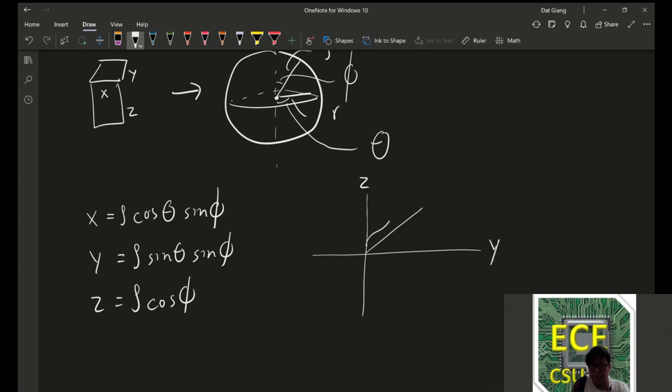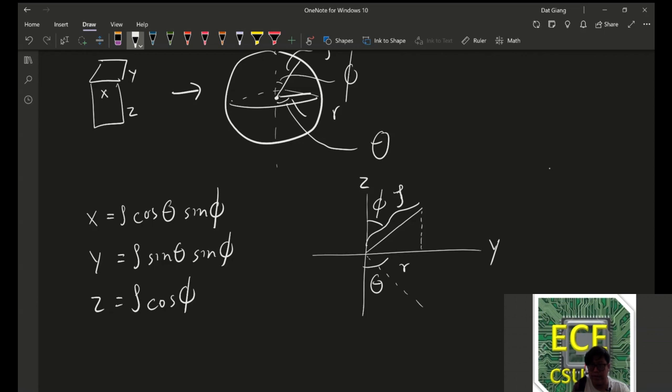This represents rho, while this angle represents theta. This whole section represents phi, and this represents theta. This whole section represents r.